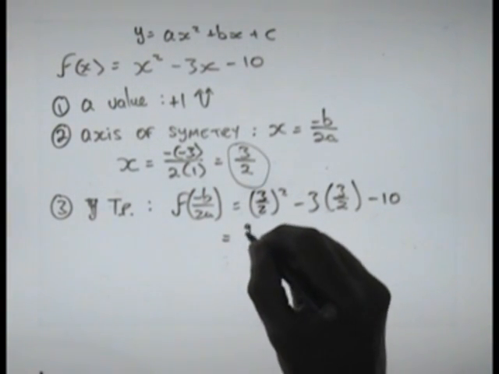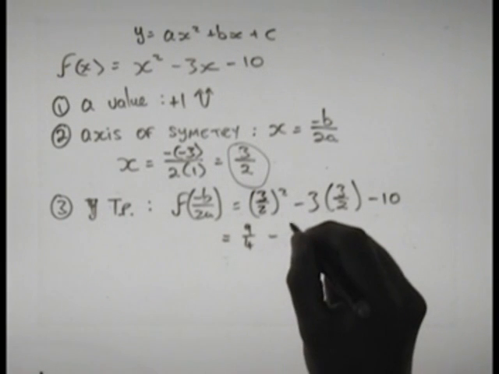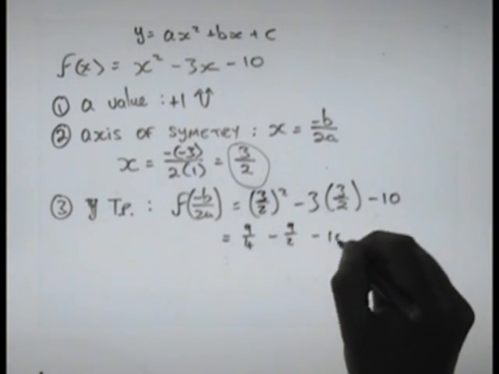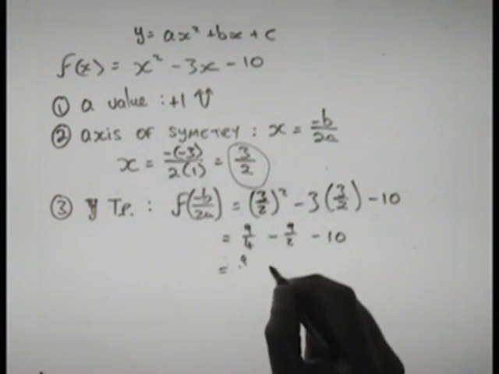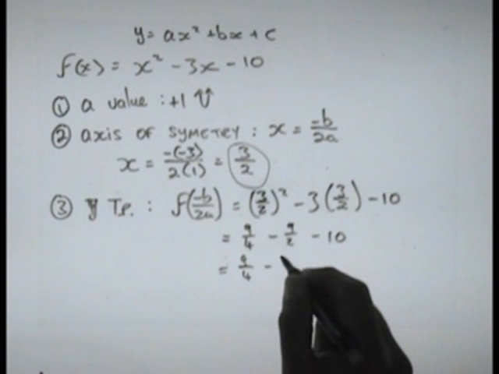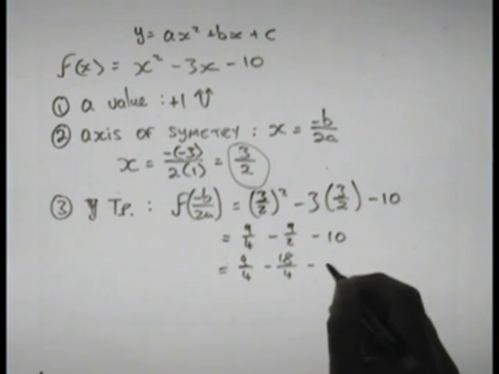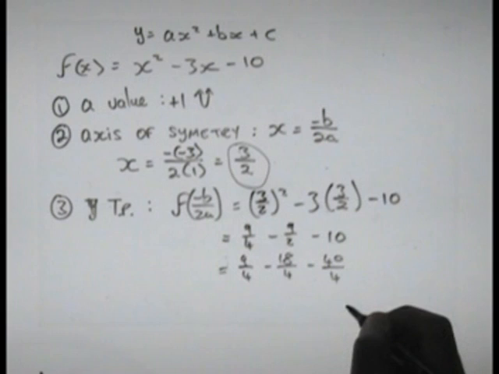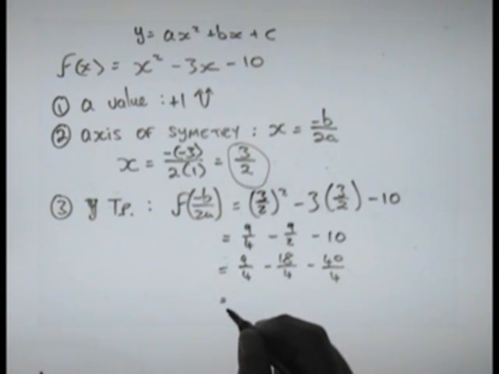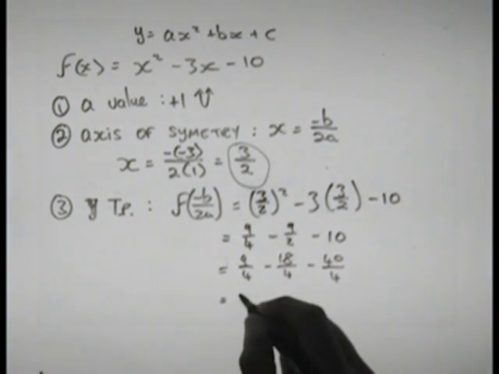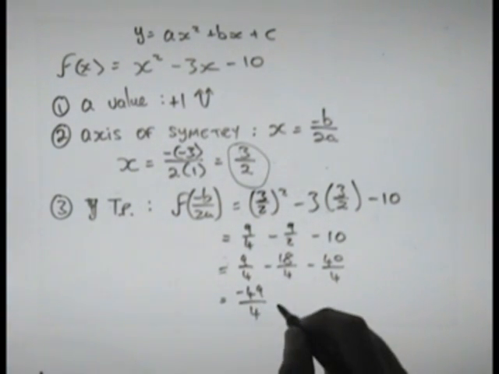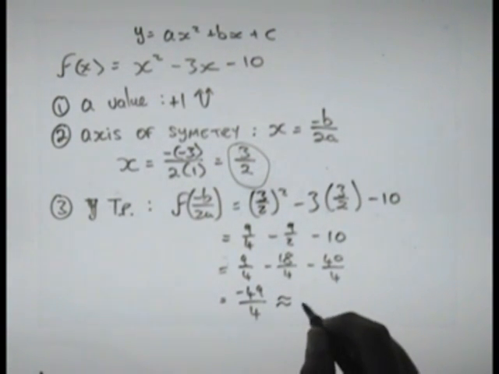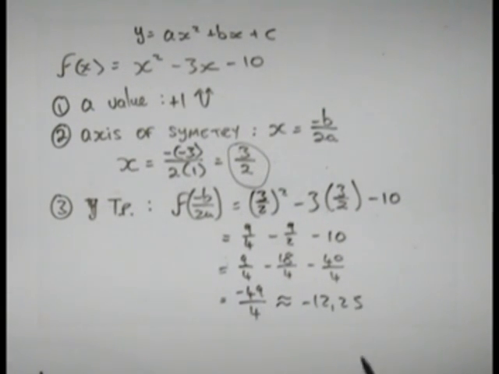That will equal 9 over 4 minus 9 over 2 minus 10, common denominator of 4. That means that's going to read 9 over 4 minus 18 over 4 minus 40 over 4, which is going to equal minus 49 over 4. This is my y value, which is also roughly equal to negative 12.25.